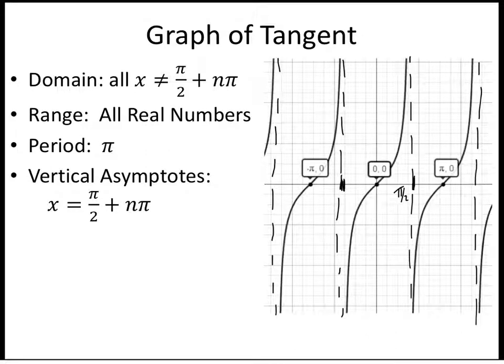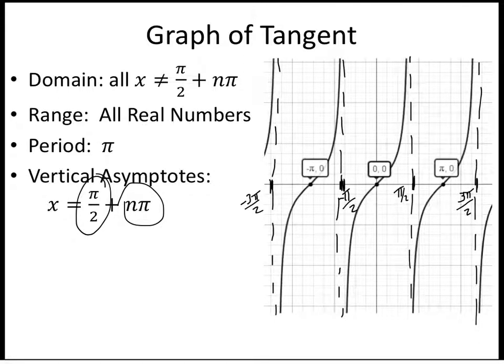This other one is negative pi over 2, then we'll have 3 pi over 2 here, and this one would be negative 3 pi over 2. So it's not intervals of pi over 2, but at pi over 2 plus or minus so many pi where these asymptotes are going to happen.